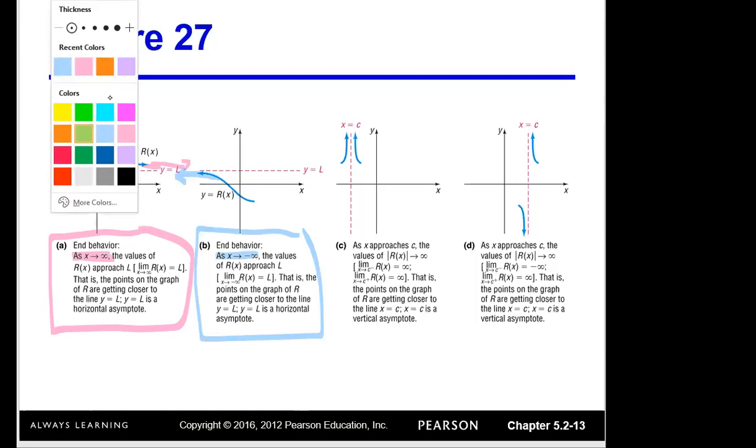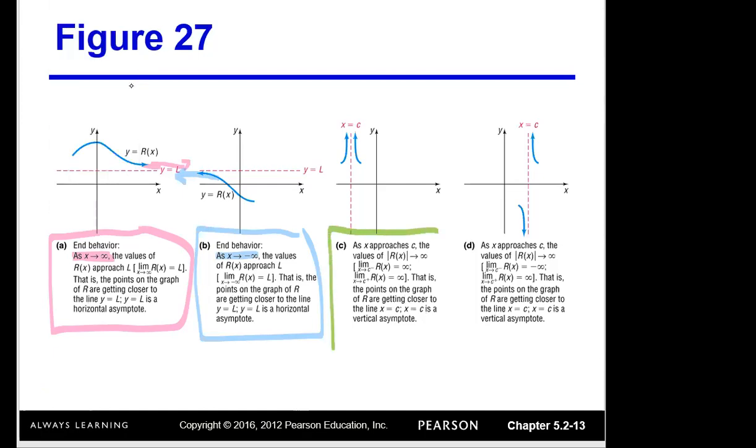It never crosses it. And then this one, now we're looking at as x approaches some number c, because now x is getting closer. It's like it's heading towards this dotted line, and then, oh, I can't cross that line. I got to turn. I got to run alongside it. And oh, I got to go up like that. And the same thing over here.